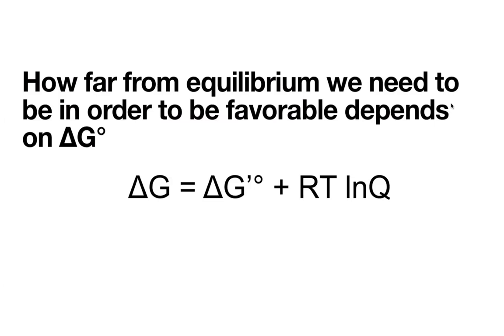How much of a barrier you'd have to make up is going to depend on your delta G naught prime. The bigger positive that is, the further from equilibrium you would need to be in order to make that reaction go. But if that is smaller, then it's easier to go back and forth.